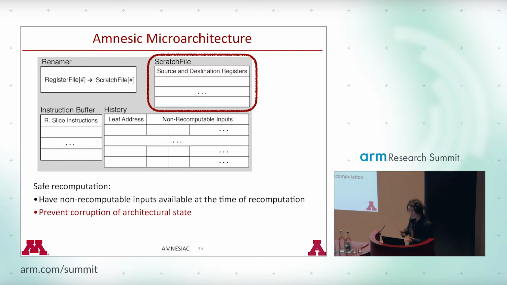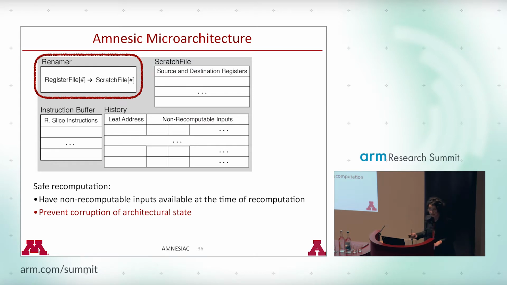In a recomputing slice, by construction, we cannot have any memory accesses, so all data flow happens over the scratch file. And to establish this, we need a renamer to have each register reference of a recomputing instruction mapped to the corresponding element of the scratch file. And fundamentally, the semantics of the renamer is not any different than the semantics of a classic renamer in an out-of-order machine.